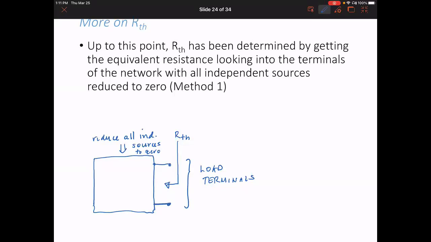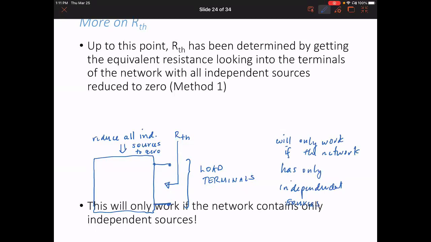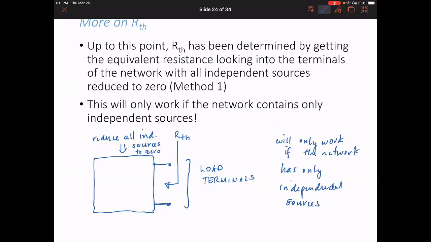But remember, that will only work if the network has only independent sources. In fact, that's what I put here. This will only work if the network contains only independent sources.